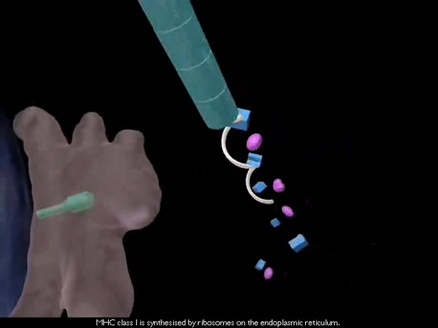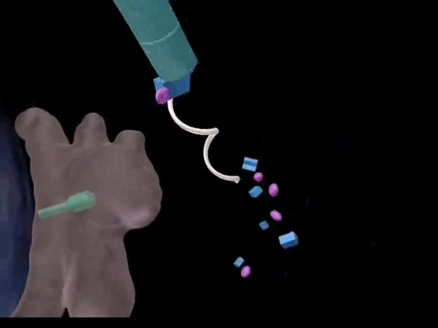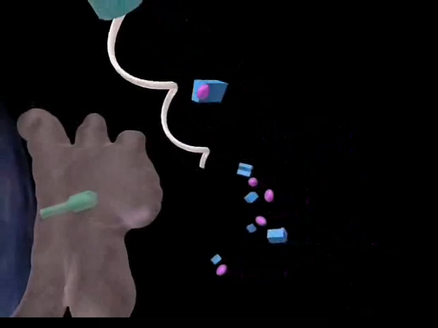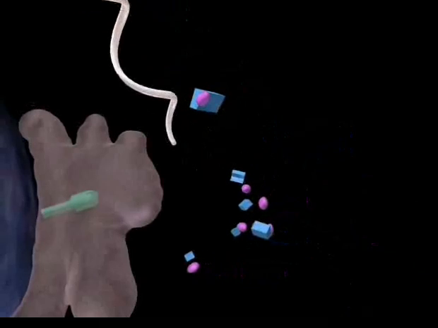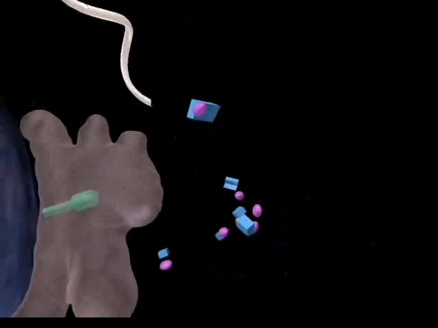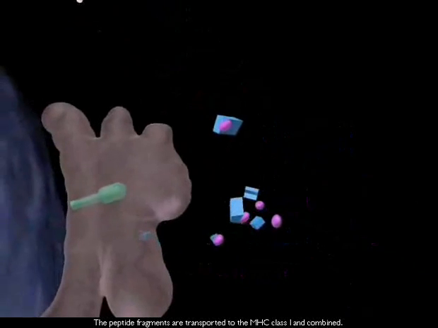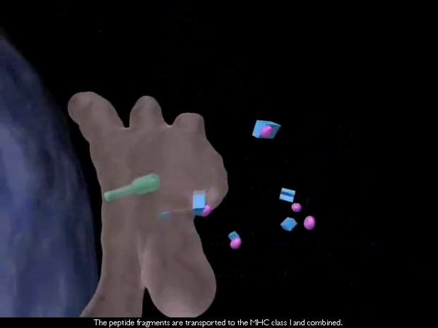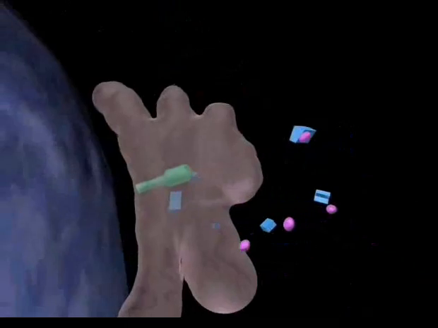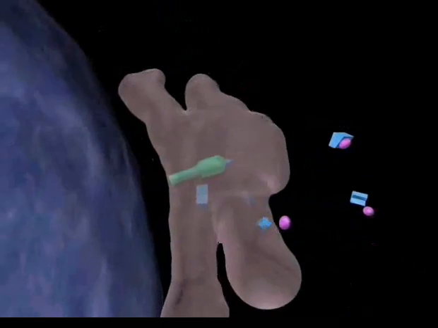MHC class I is synthesized by ribosomes on the endoplasmic reticulum. The peptide fragments are transported to the MHC class I and combined.